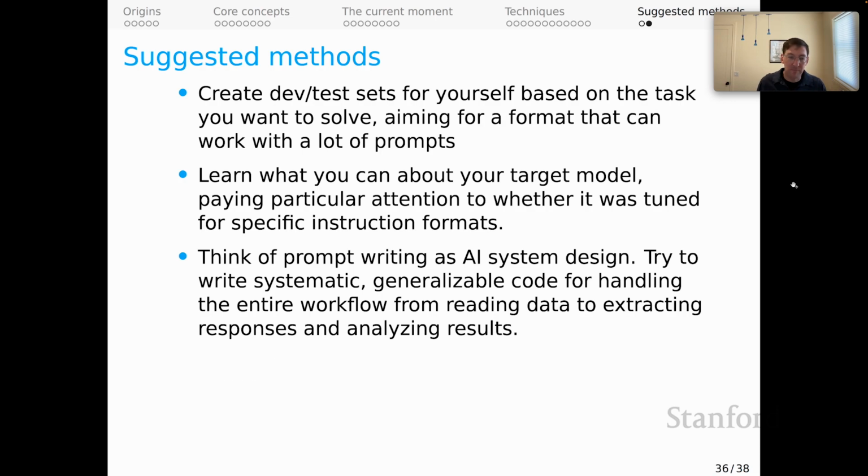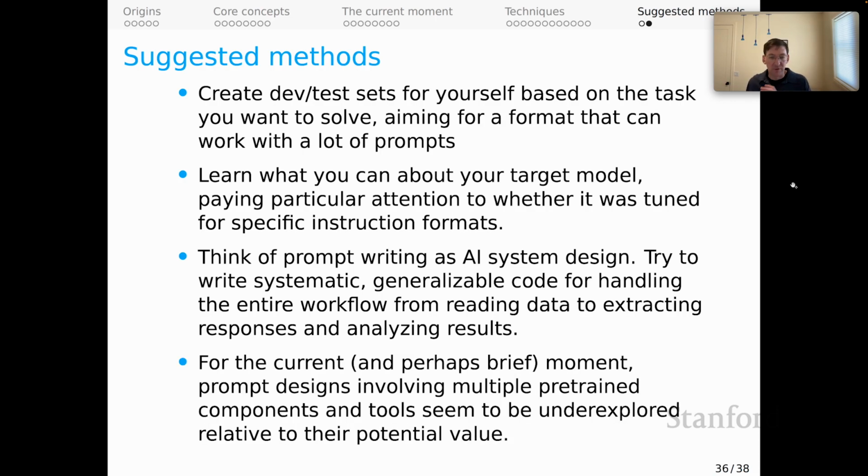And finally, for the current and perhaps brief moment, prompt designs involving multiple pre-trained components and tools seem to be underexplored relative to their potential value. For this unit, we are exploring how a retrieval model and a language model can work in concert to do powerful things. But we could obviously bring in other pre-trained components and maybe even other core computational capabilities like calculators, weather APIs, you name it.